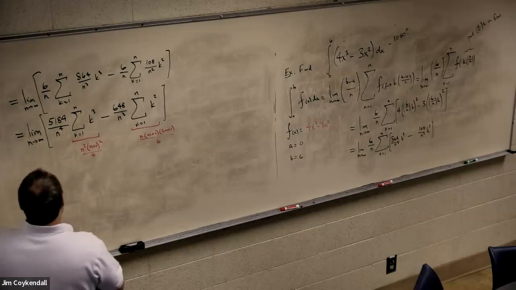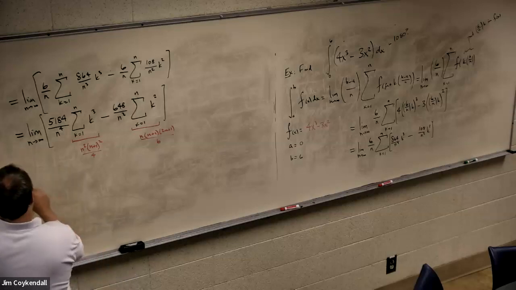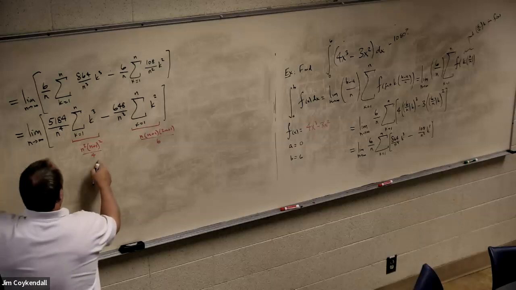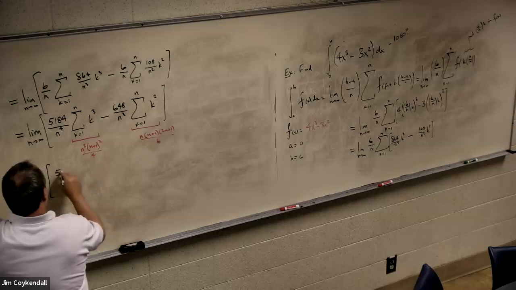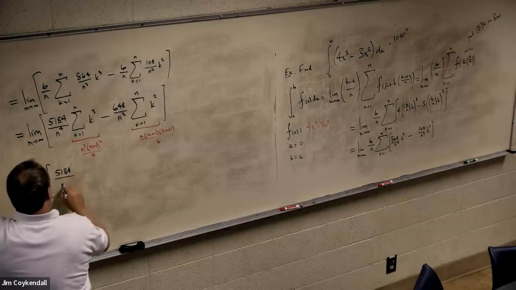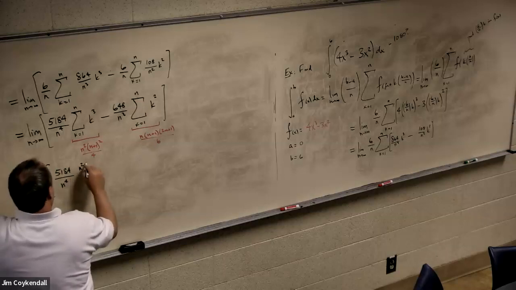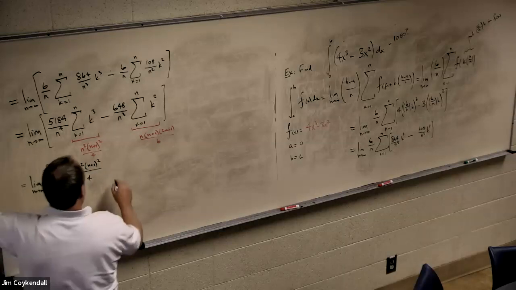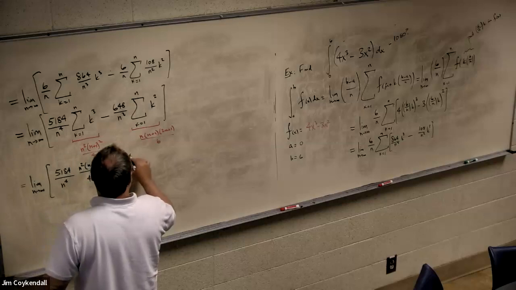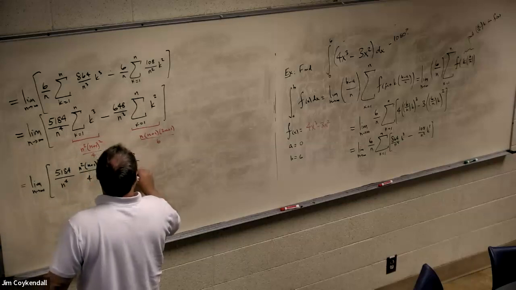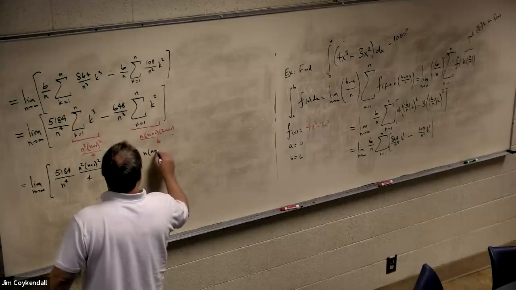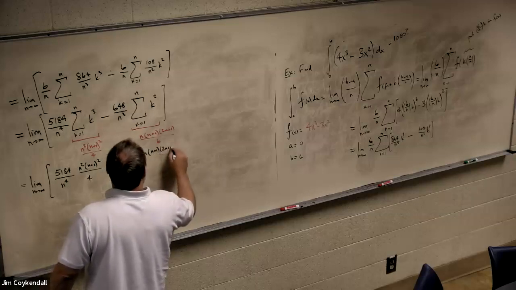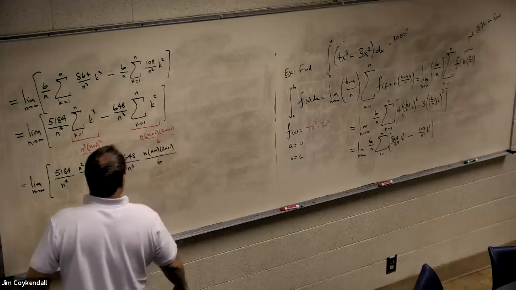So let me write this out explicitly. When n goes to infinity, this is 5184 over n to the fourth times n squared, n plus 1 squared over 4, minus 648 over n cubed times n plus 1, 2n plus 1 over 6.